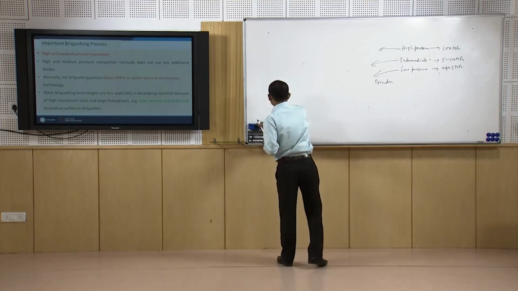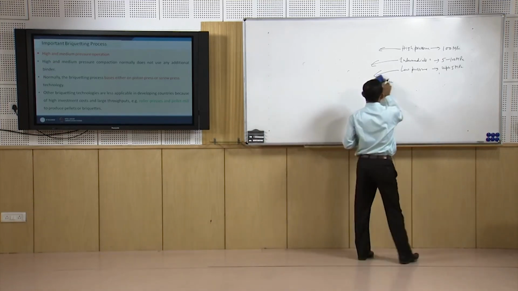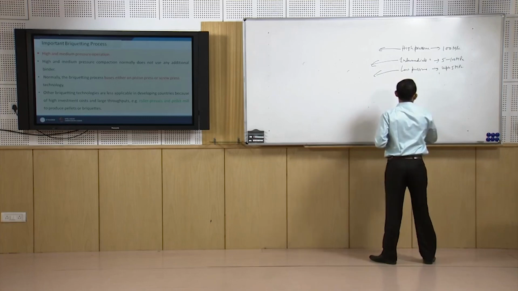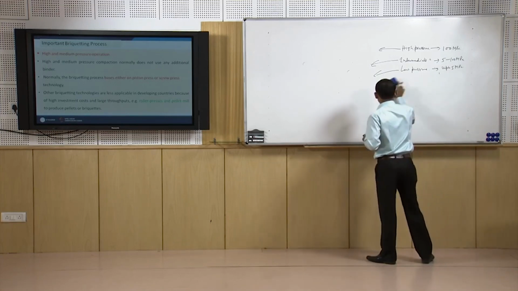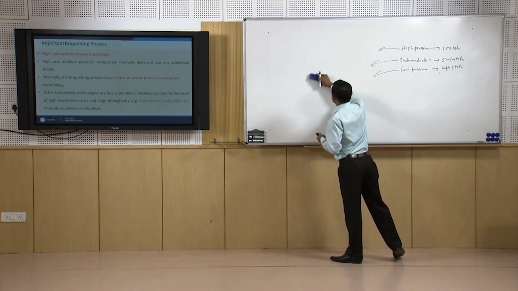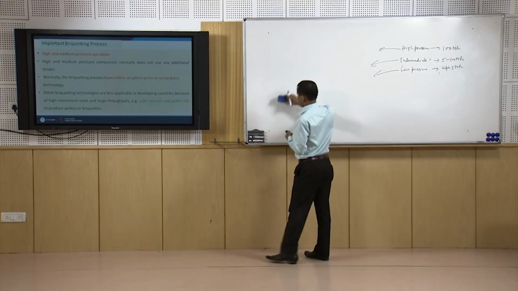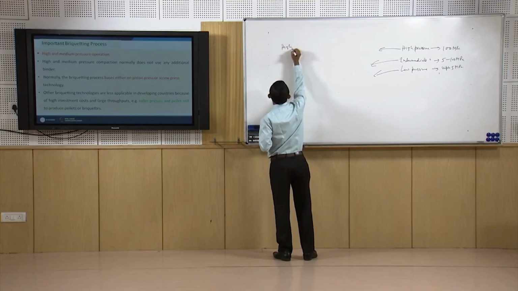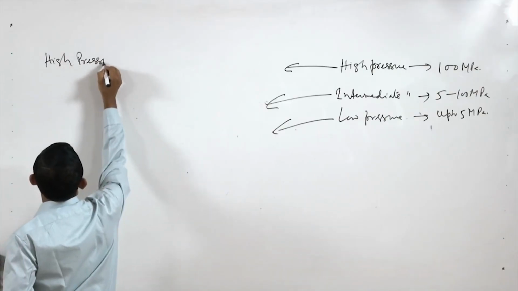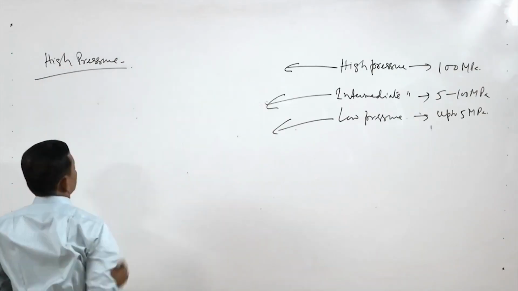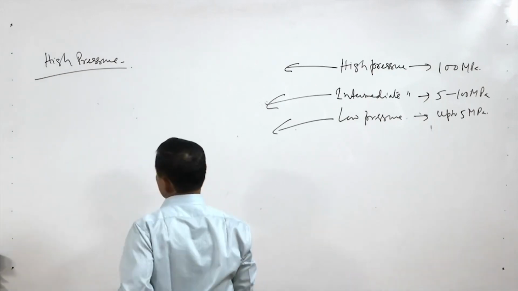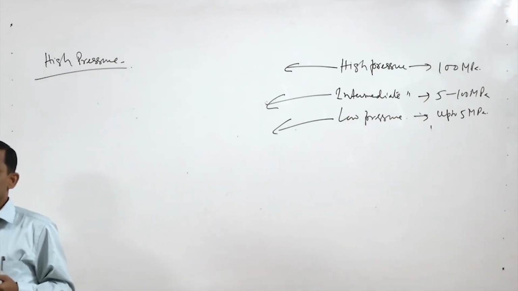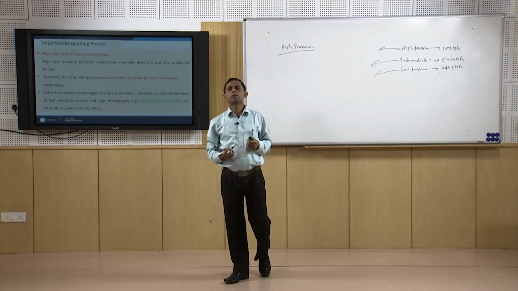Now, we will see different types of machines which are used for the briquetting or for the solidification of the solids, of the biomass and waste. At first we will consider the high pressure case. For high pressure, normally 4 types of machines are used for the production of briquettes.